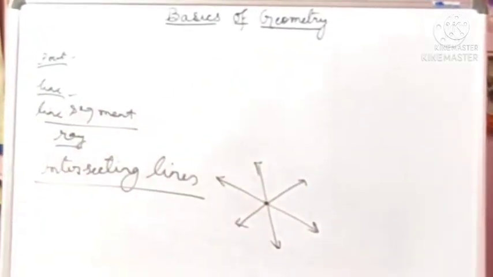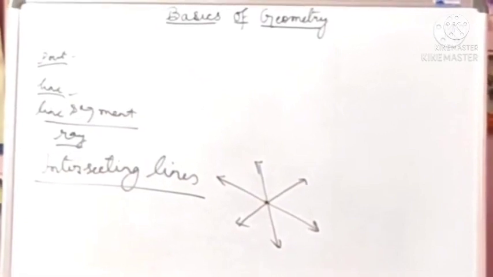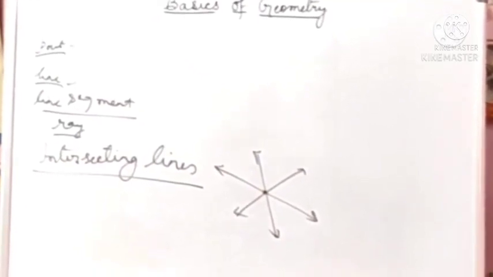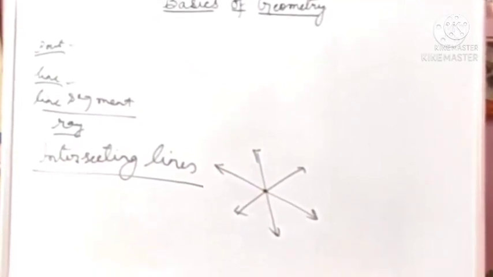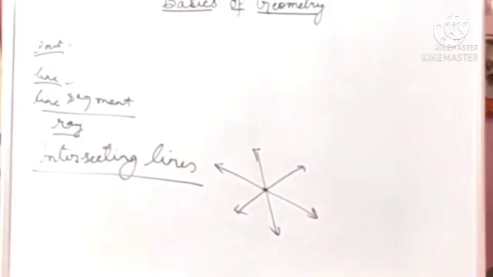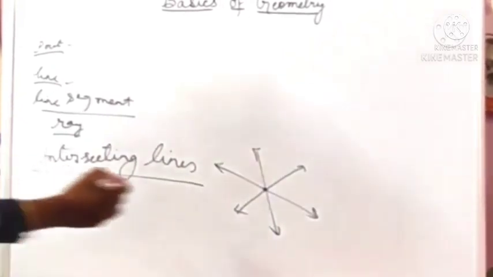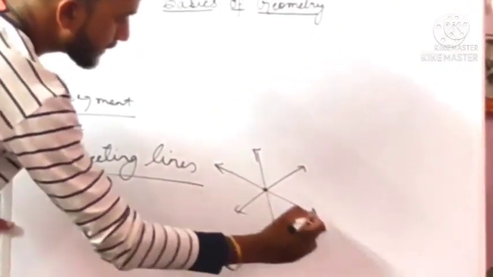At this point where lines meet, that is what we call intersecting lines. If you are going to write the definition, you can write that if two or more lines intersect each other at one point, suppose this is a line, this is another line, this is another line.